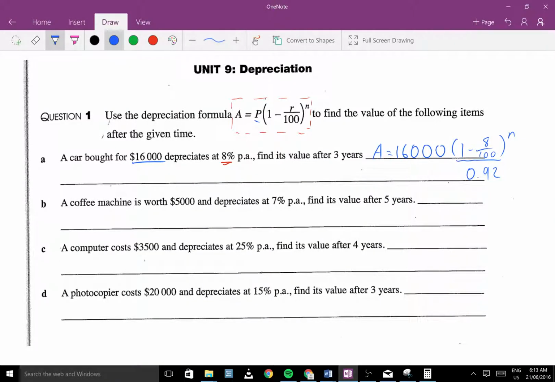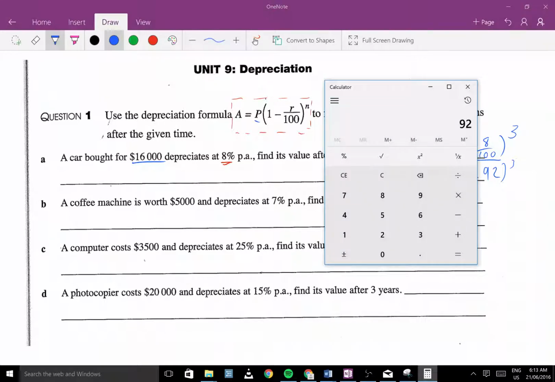Okay, so what I'm going to do now is change that n, the number of years, to 3. So I need 0.92 to the power of 3. I don't think I've got a power button on my calculator, I've just got the squared, but that's okay.